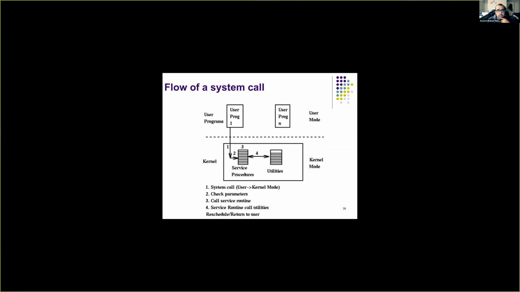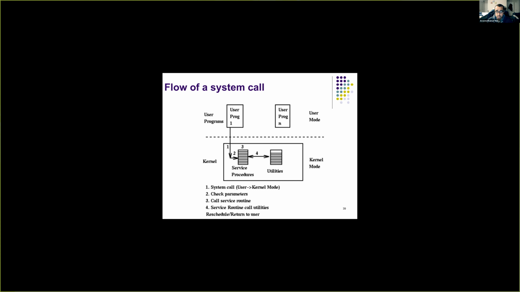And at software level, the way system call works is when the user program does the system call, at kernel level, it knows the system call number and corresponding parameters. It will check the parameters to see that they are valid.